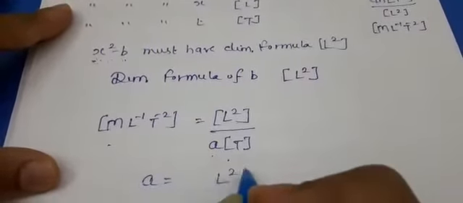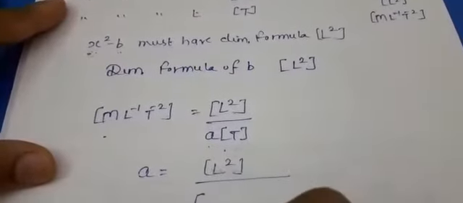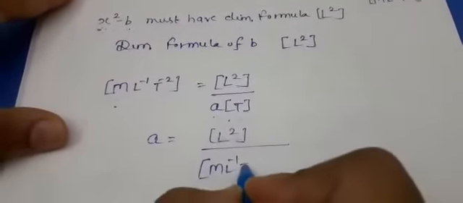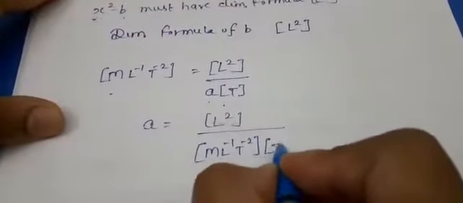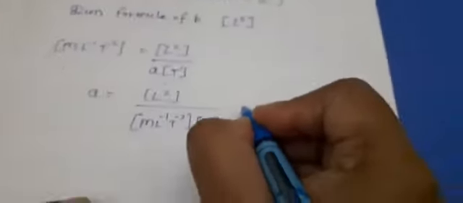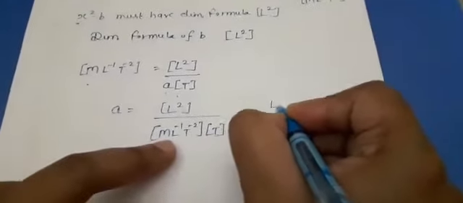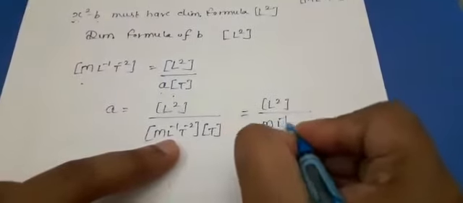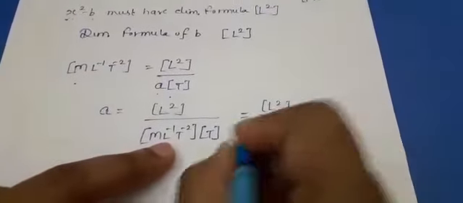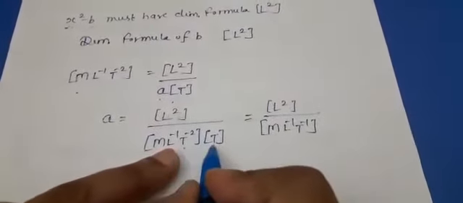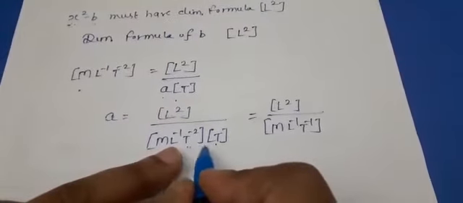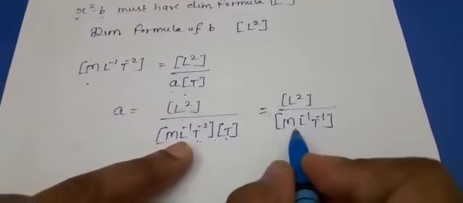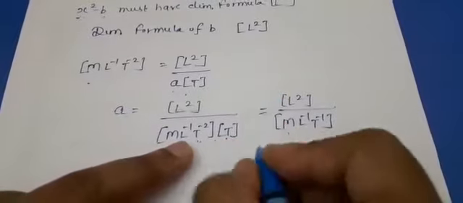You can see here now the mathematical calculation part is left. So now just rearrange the terms. This will be L2 in the denominator, M L minus 1, T minus 2, T raised to the power 1. So it will be T raised to the power minus 1. Now arrange it in the numerator.